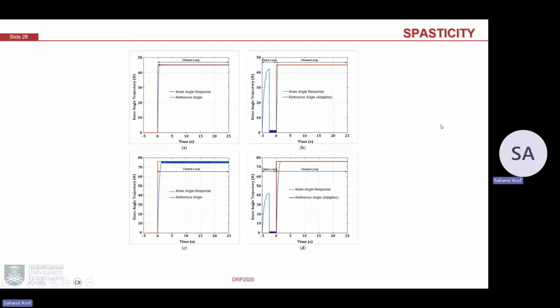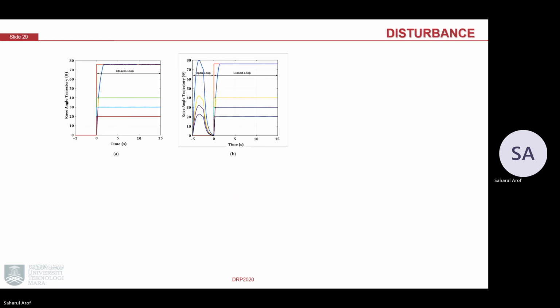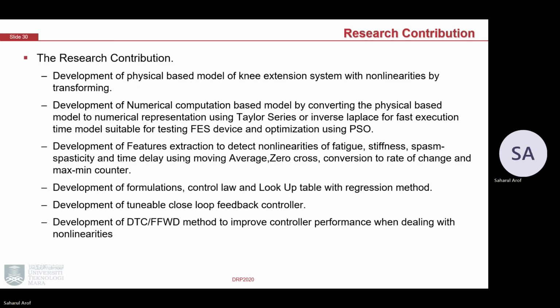When we detect spasticity, we make some changes to the control setting to allow it to perform much better. And when we detect disturbance, we can also change the control setting by finding the right control setting in the lookup table.